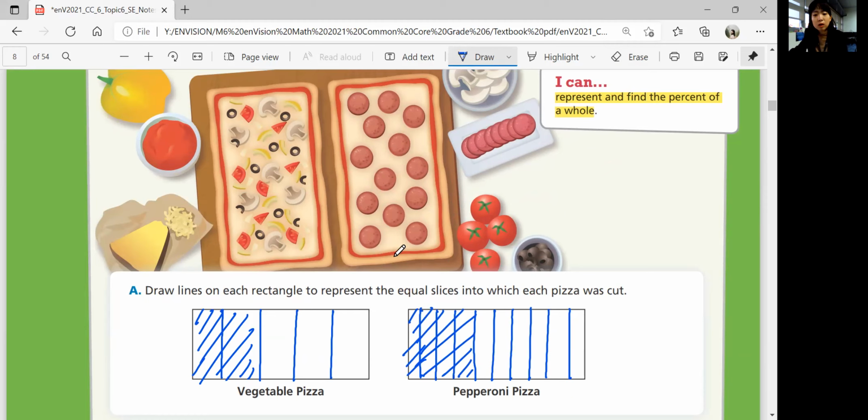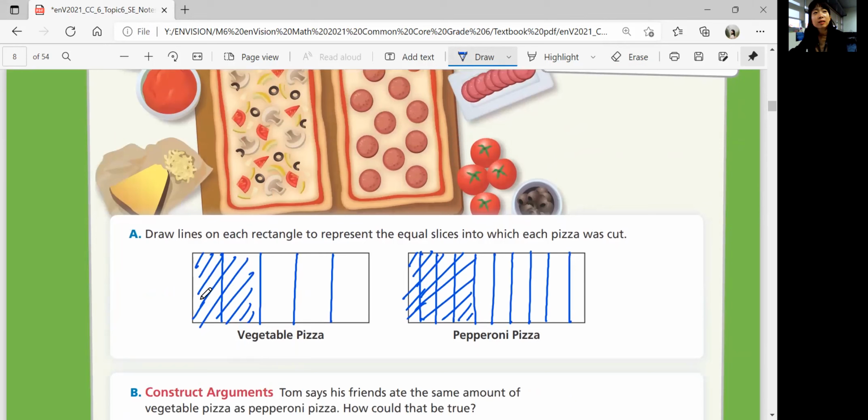Okay. So how can we represent this as a fraction and a ratio? Veggie pizza, 2 slices out of 5 were eaten. And pepperoni, 4 slices out of 10 were eaten.